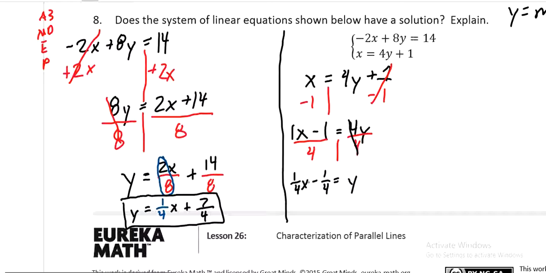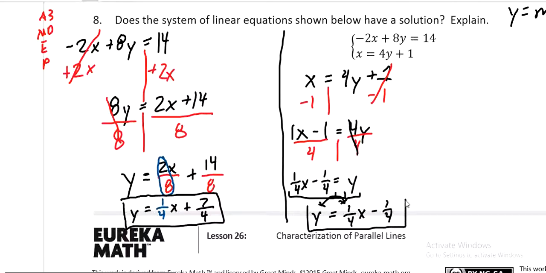So again, it might not be the prettiest thing, but it works. It's y equals mx plus b. It doesn't matter that the y is on the other side. With equal signs, you can switch things around. I could put y over here, and I could put 1/4 x minus 1/4 right here, as long as I switch both things entirely around.